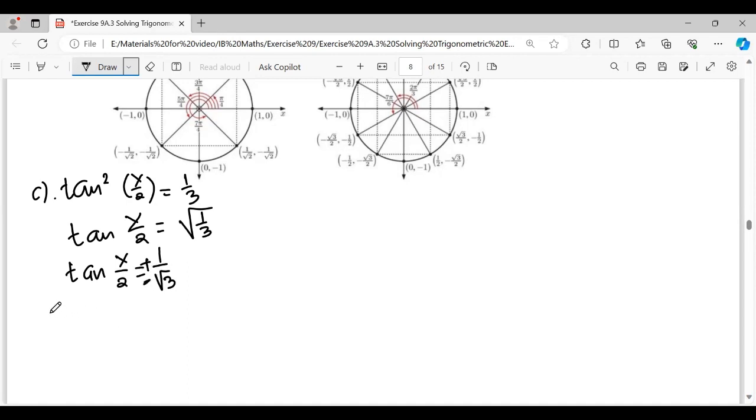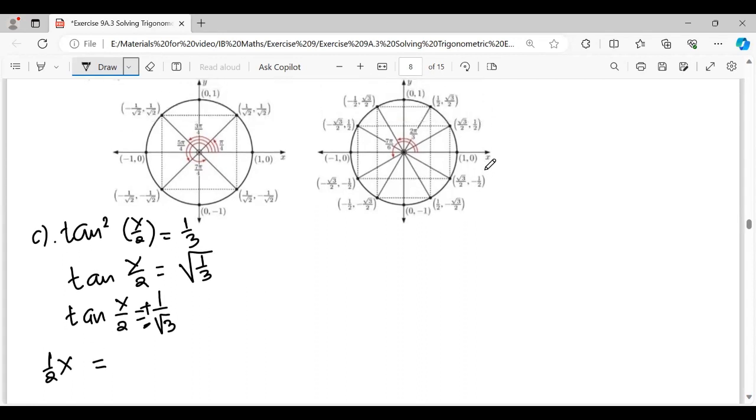So half x equals, for positive, 1 over square root 3 from this one, because half times 2 over square root 3 is 1 over square root 3.